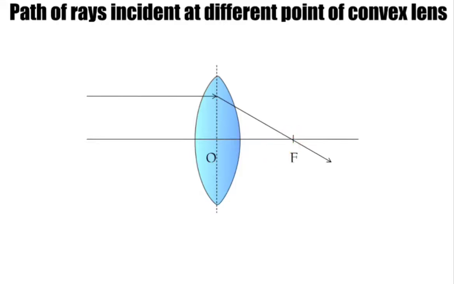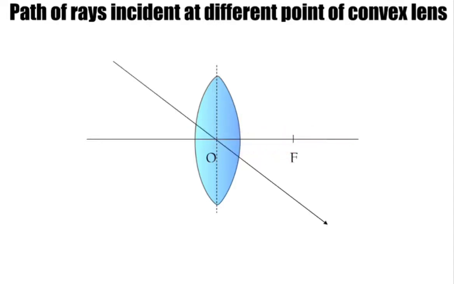So what about the ray which is traveling along the principal axis? Remember, when the ray is coming directly along the principal axis, it will not deviate, because at the optical center it does not show much deflection, so it will travel straight.